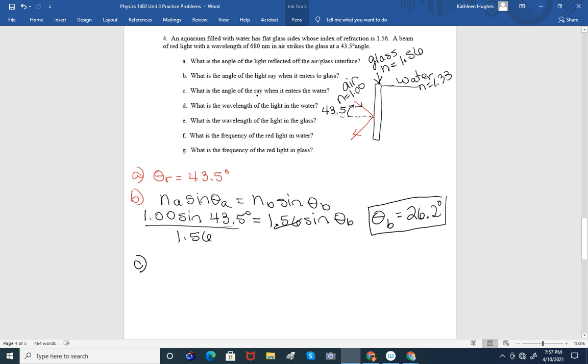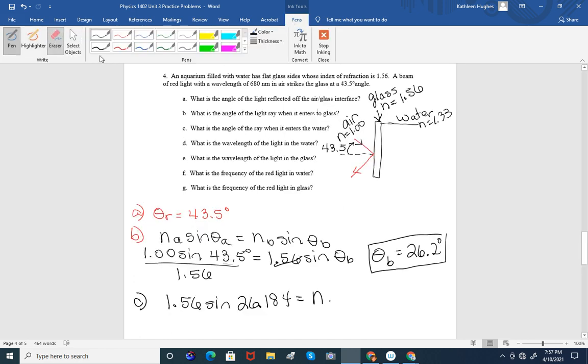Part C says, what is the angle of the ray when it enters the water? So now it's going to go from the glass into the water. So now if we use Snell's law, we have 1.56 sine 26 point, I'm going to not round so much, 1.84 equals 1.33 because we know the index of refraction there for water, sine, I'm just going to call it theta C just because it's the third angle.